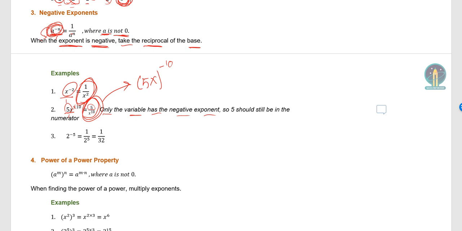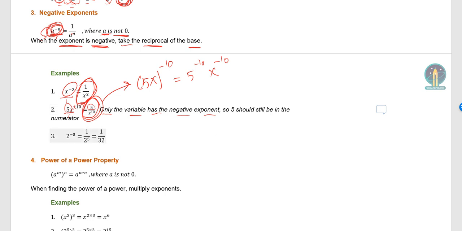Well, in this case, the minus 10 would be applied to both the 5 and the x, and we're going to get to that soon. So this would be equal to 5 to the minus 10 times x to the minus 10. We'll get to that in an upcoming property. But just keep this in mind, to be able to differentiate which terms the exponent applies to.